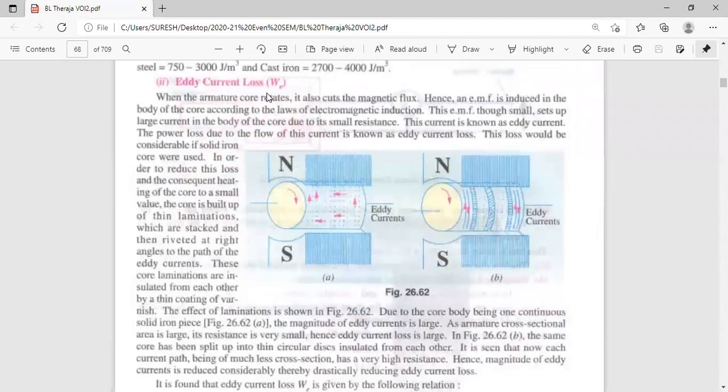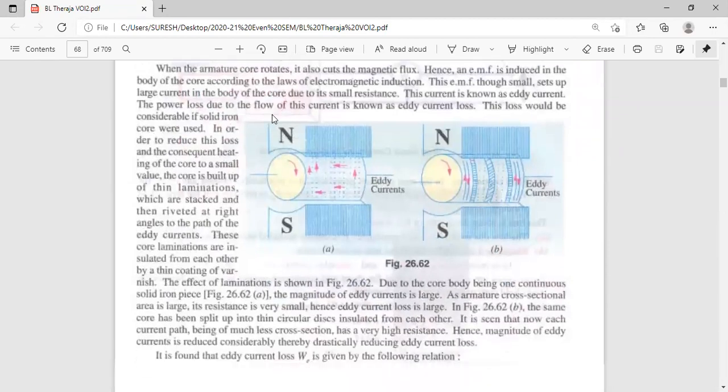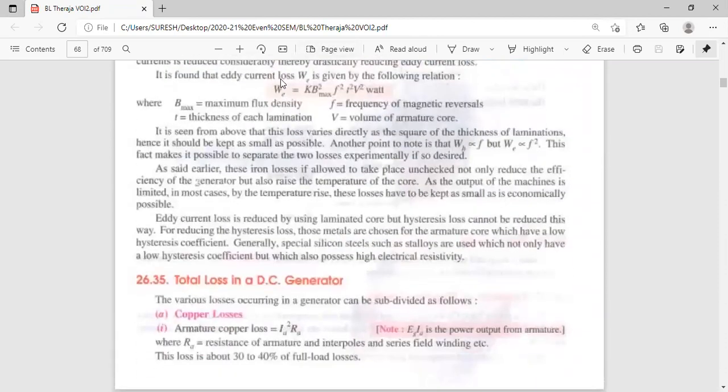Write down eddy current loss WE is equal to eta B max square F square T square V. Sorry, this is not T square, this is only T. In the textbook they have given it wrong. So WE is equal to eta B max square F square T V.